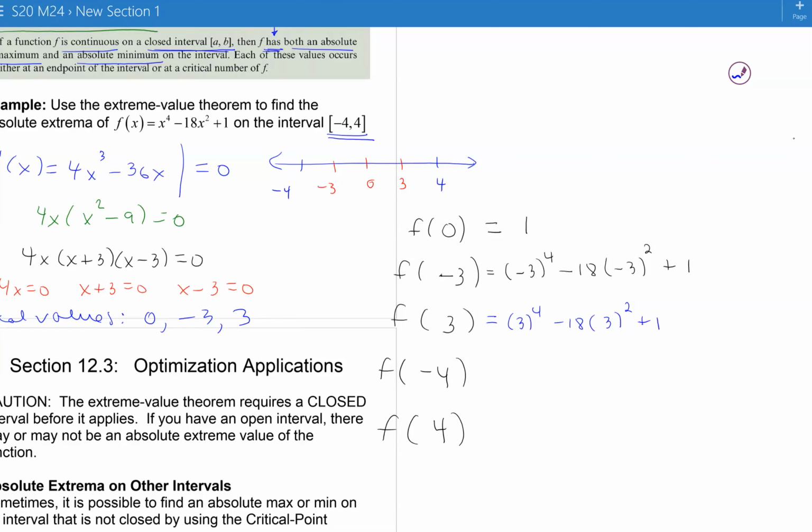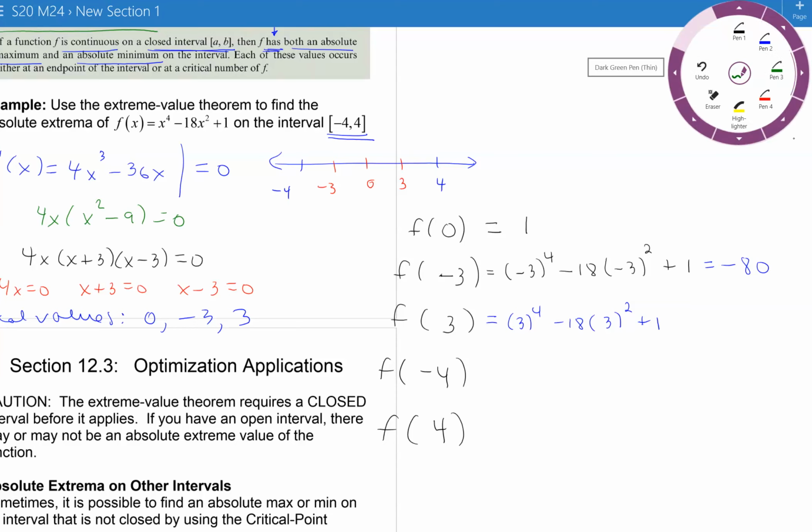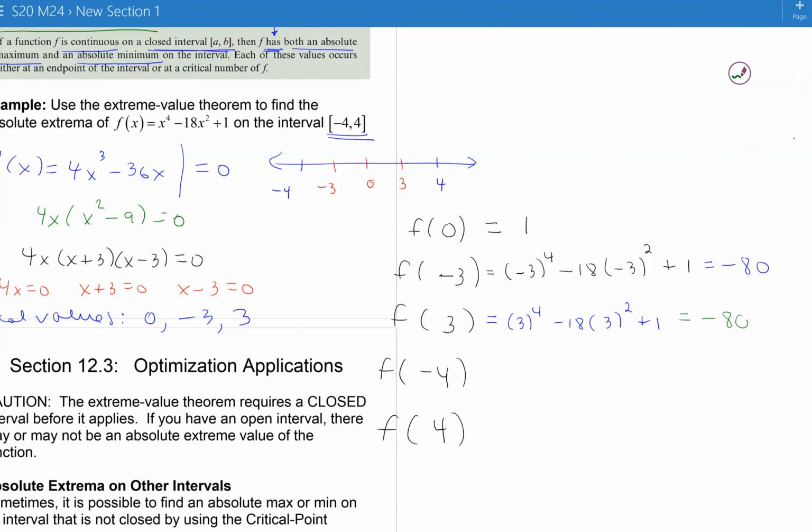And notice that the values are going to be exactly the same because of the even exponents. So you can save yourself some work. So for the first f of -3, I get -80, but I know that has to be the same value for f of 3, because -3 to the 4th, same number as 3 to the 4th.